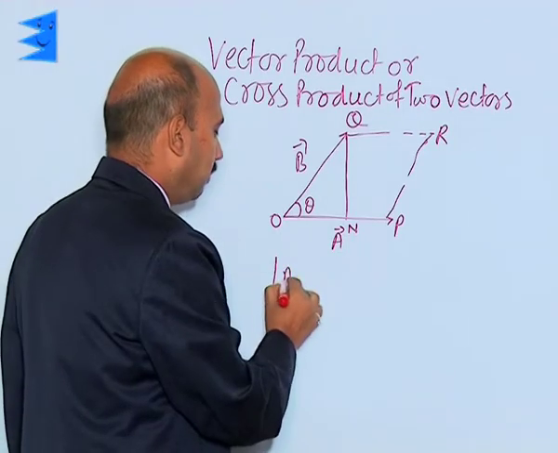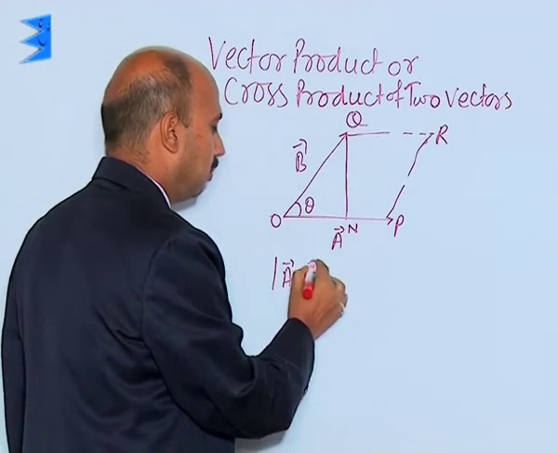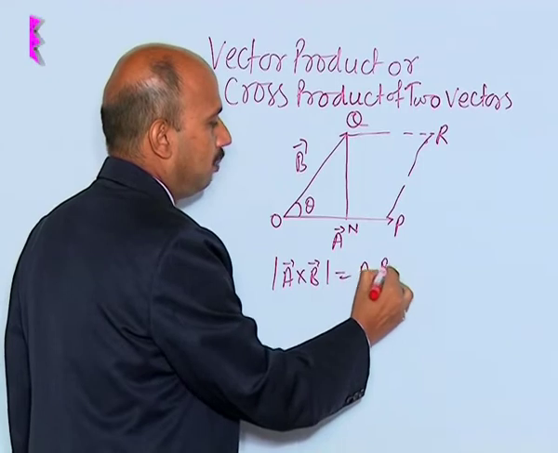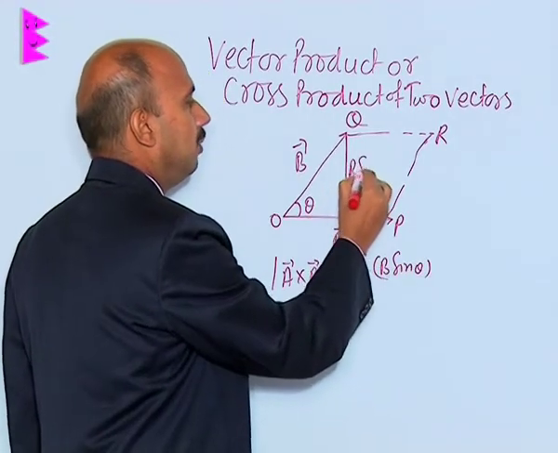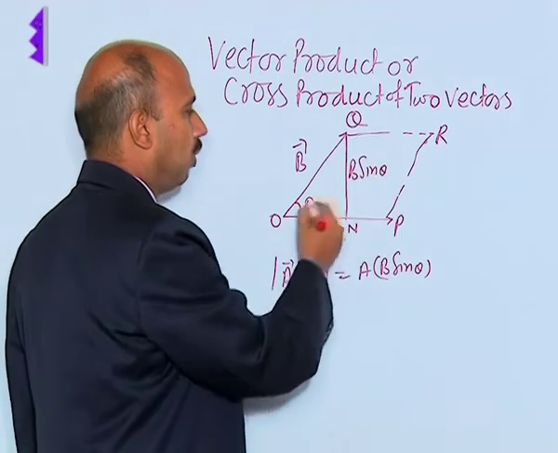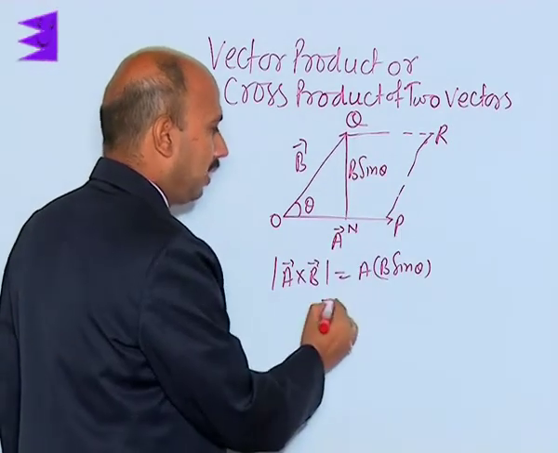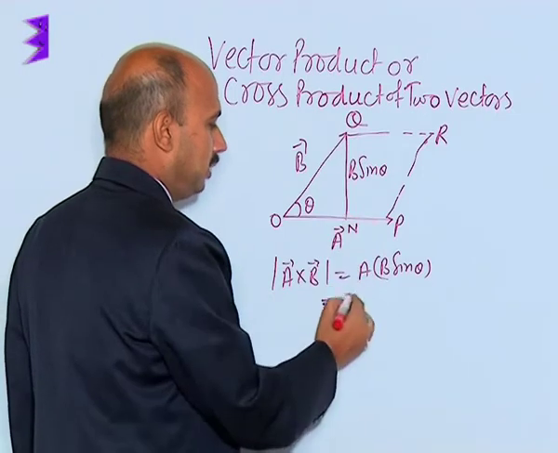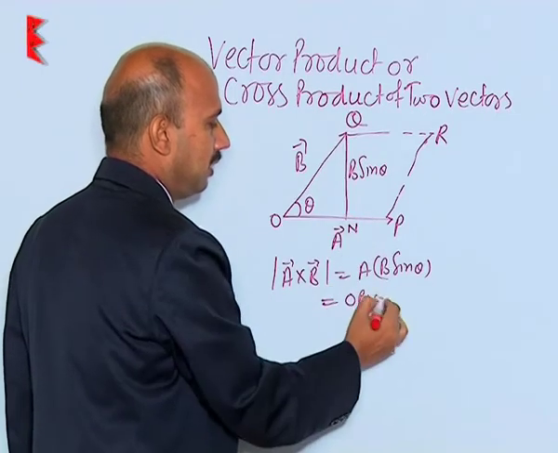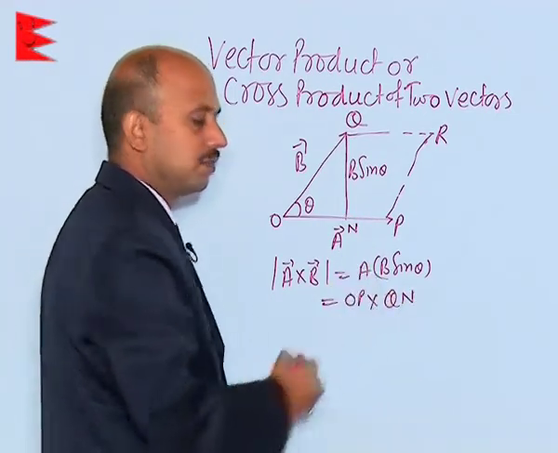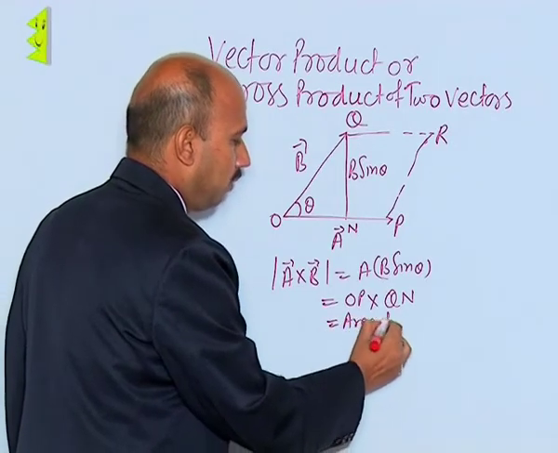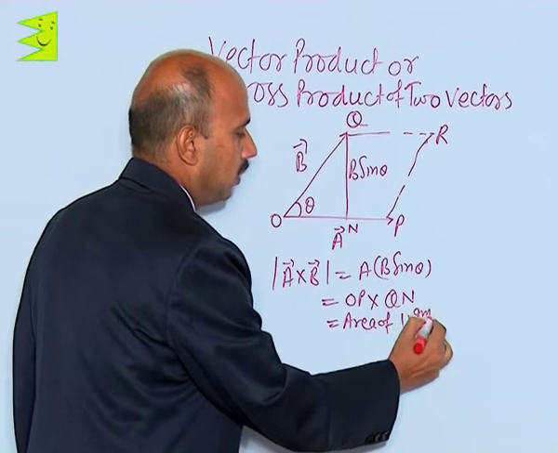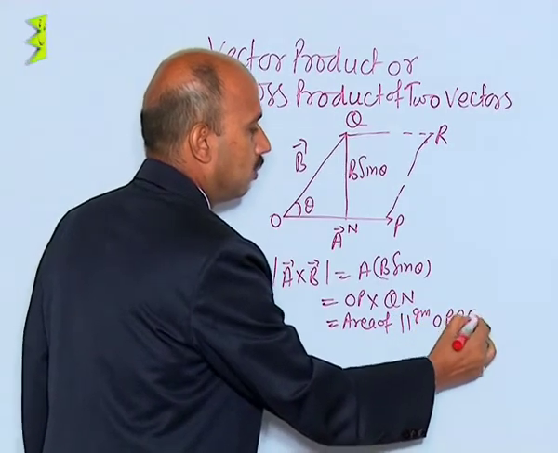We can write the magnitude of A cross B is equal to AB sin theta, and this is B sin theta, its component. A is represented by OP and B sin theta is represented by QN. So this is the area of parallelogram OPRQ.